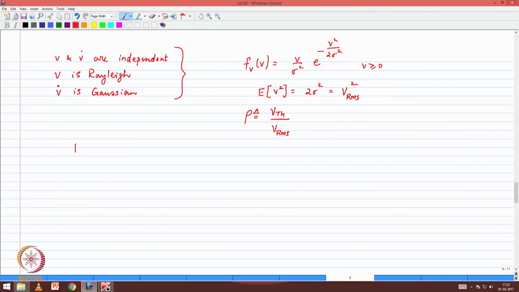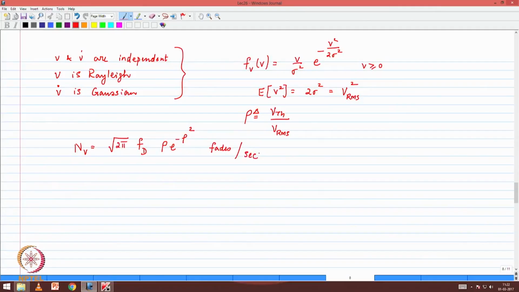What Rice showed was that the result of that integral in the previous chart is given by a very compact form: root 2 pi f_d rho e^(-rho squared). Very good, because the higher the Doppler, the more frequency, more crossings. So that many fades per second was the result shown by Rice.